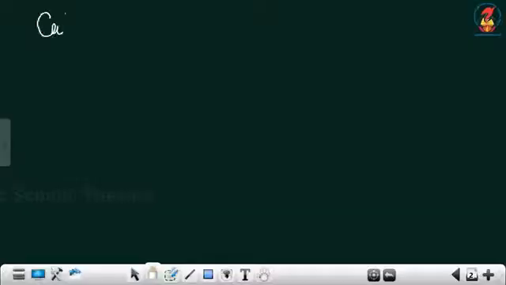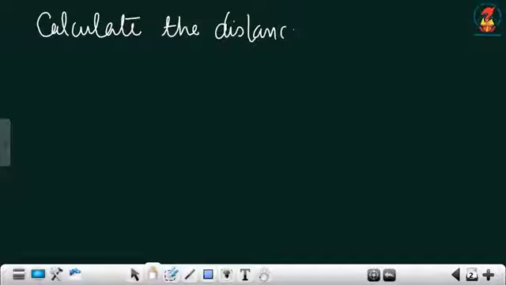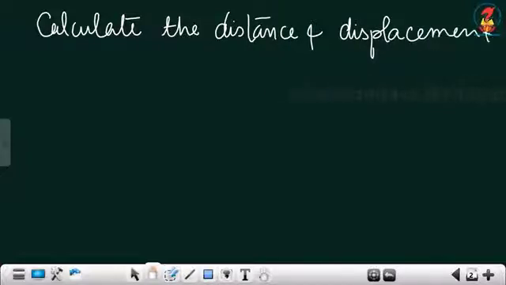So, the question is: calculate distance and displacement in the following cases.